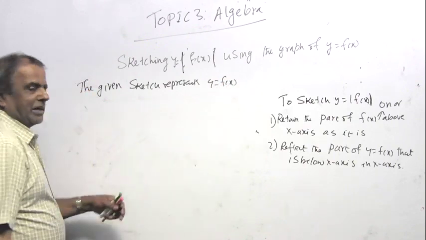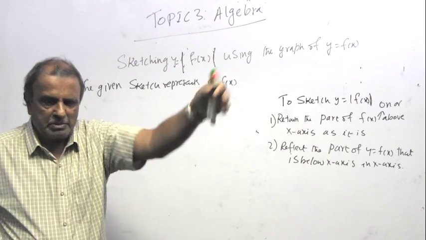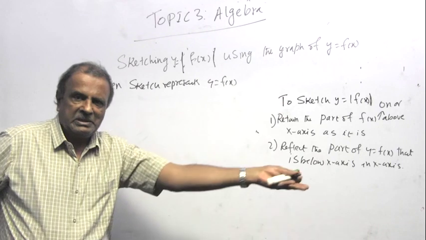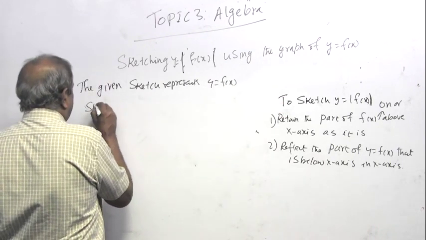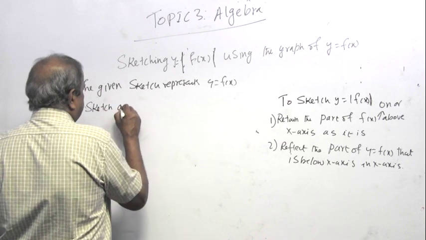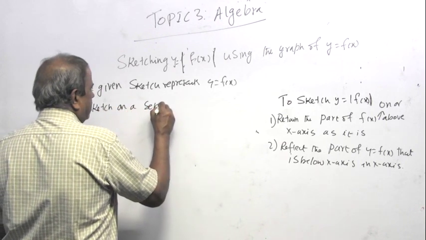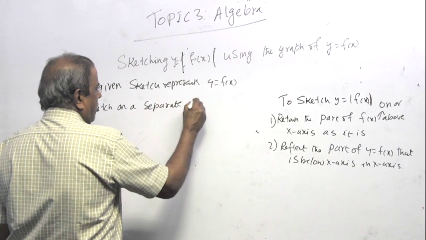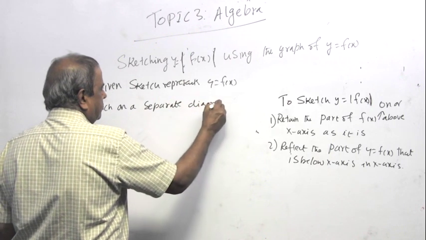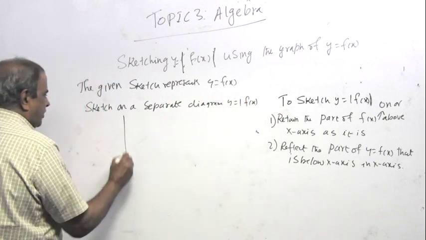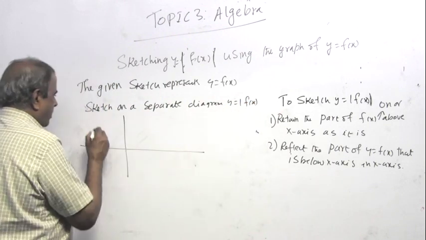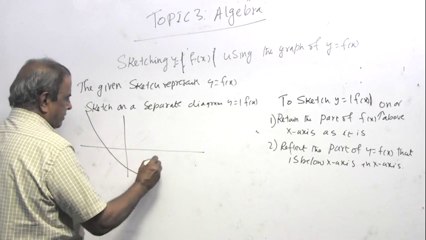Of course, I don't want to write passing through this, has a maximum there, has a minimum there, this has an asymptote, everything. Sketch on a separate diagram y equal to modulus f of x. So the original sketch is given to you.